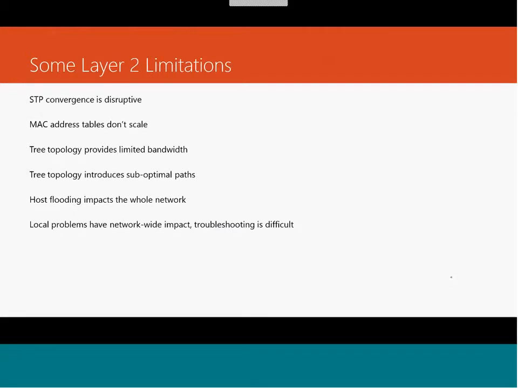The tree topology had a limitation on the bandwidth, and it also introduces suboptimal paths, which cause some delay or latency in the forwarding. Apart from that, it doesn't provide you with ECMP, equal cost multipath features.